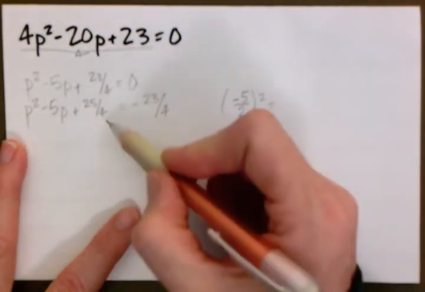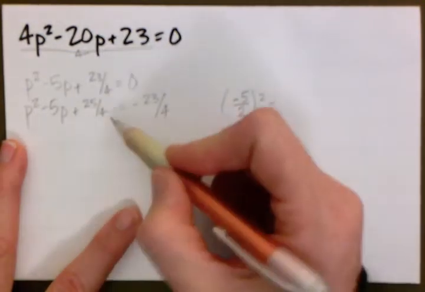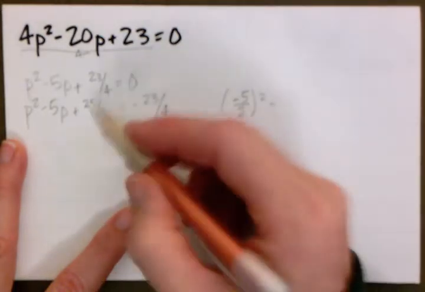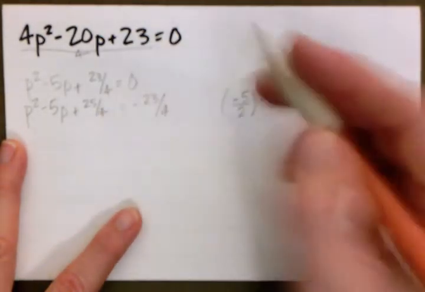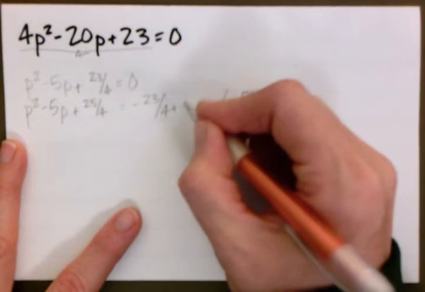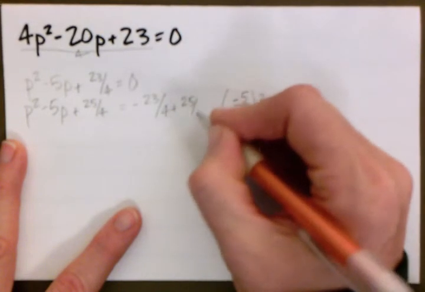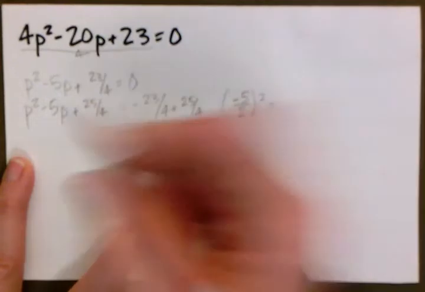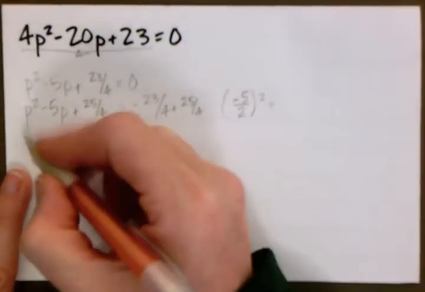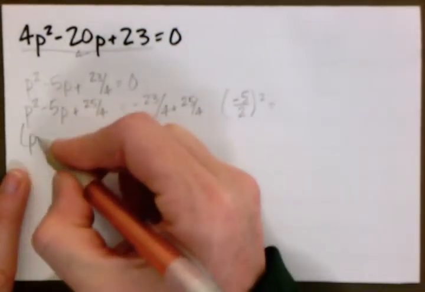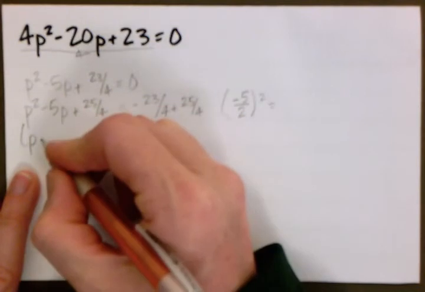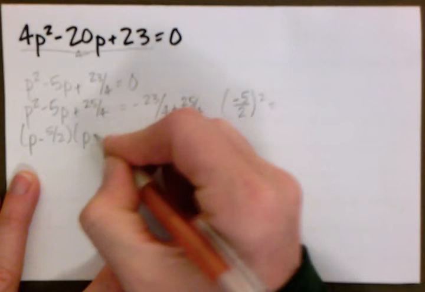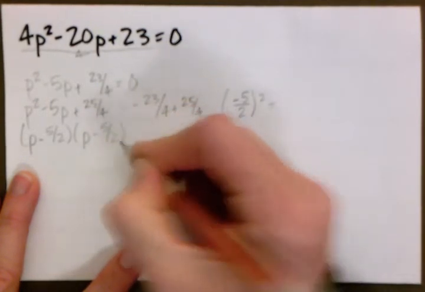And we have an equation again. Quadratic equation. Remember that whatever we do to one side of the equation, we must do to the other. So we also have to add 25/4 to the other side as well. When we factor this out, we're going to get p minus 5 over 2 times p minus 5 halves.